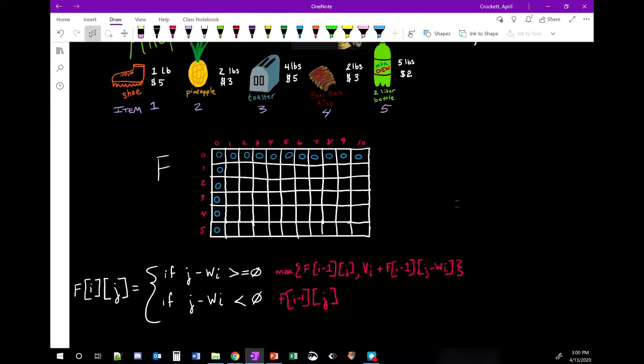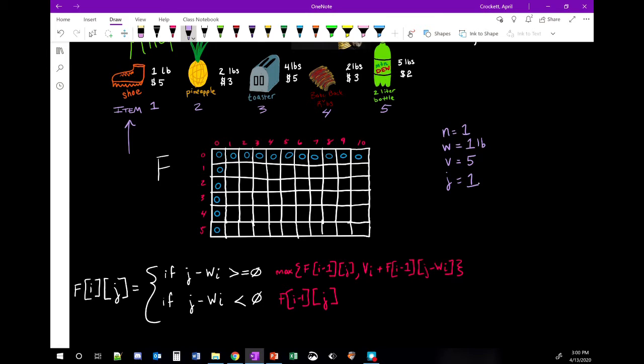So when n is 1, that means item 1, in other words, the shoe, then the weight of I is going to be 1 pound, and the value of I is going to be 5, and J is equal to 1.